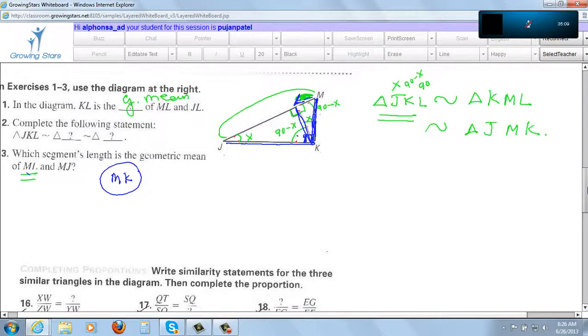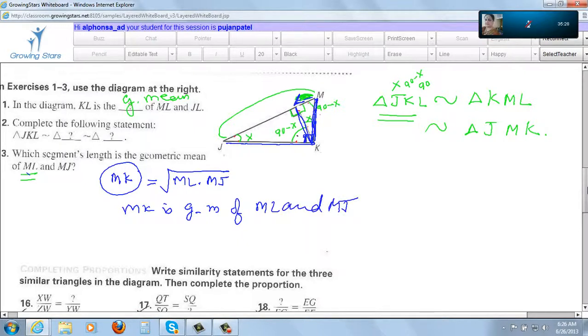So MK is equal to root of ML times MJ. So we say that MK is the geometric mean of ML and MJ.